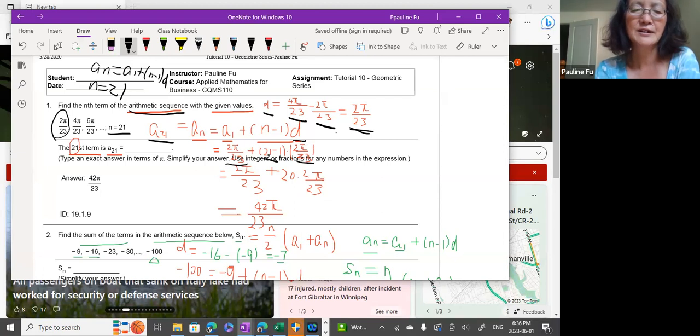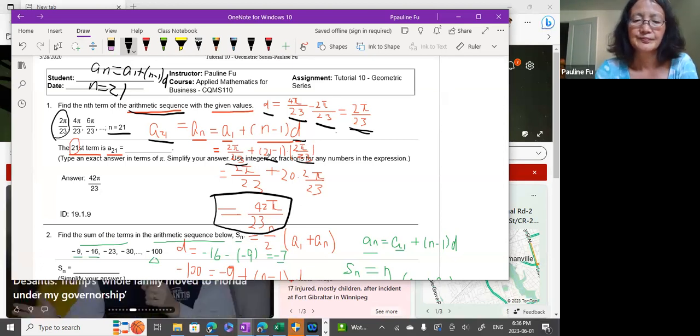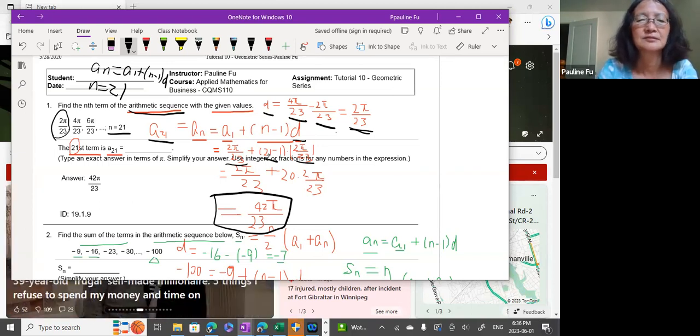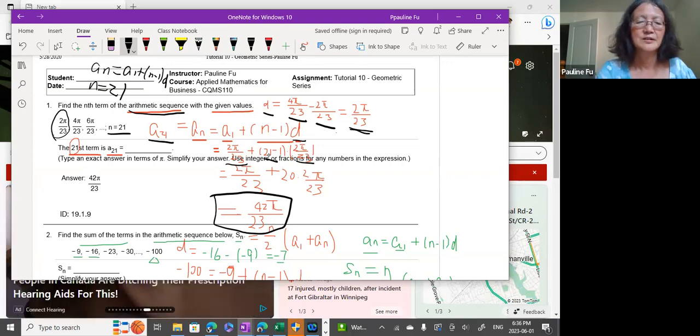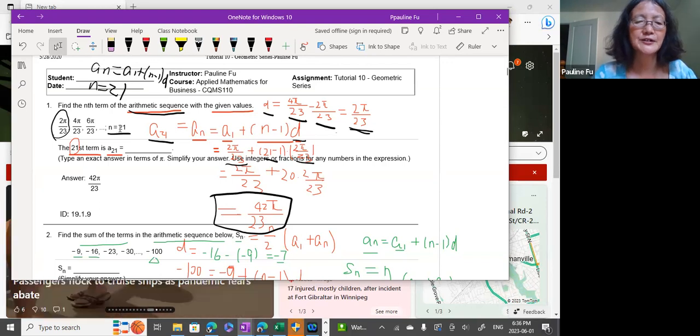Then you simplify this and come up with the final result. Questions? Okay, shall we move on to question 2? Make sure you do this by yourself to come up with the correct answer.